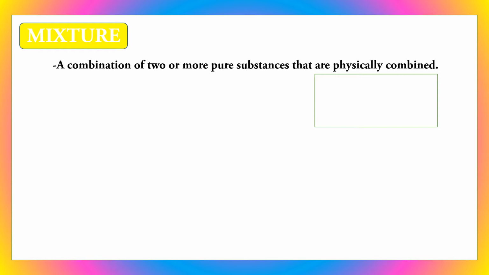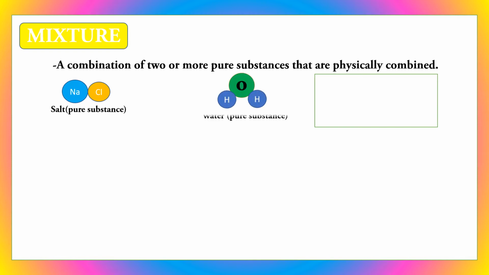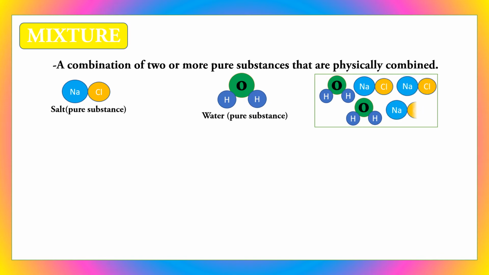So let's take an example. Salt, sodium chloride, is a pure substance, and water, which is also a pure substance, when mixed together physically, we have a mixture of water and salt.